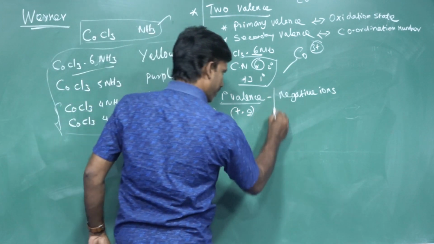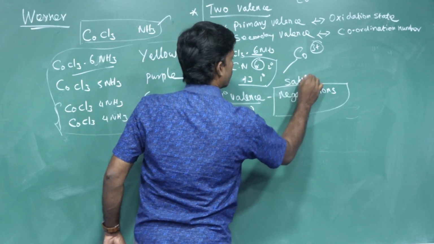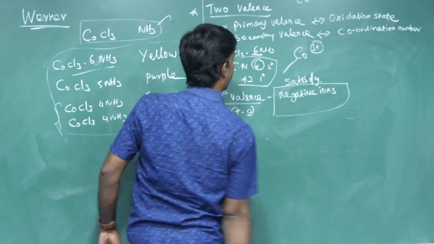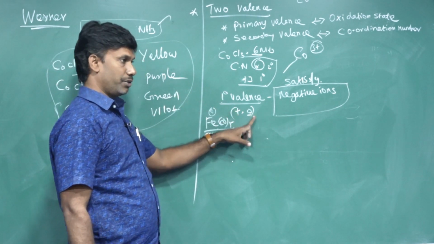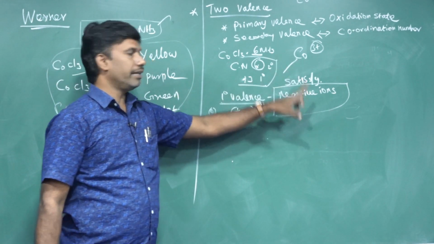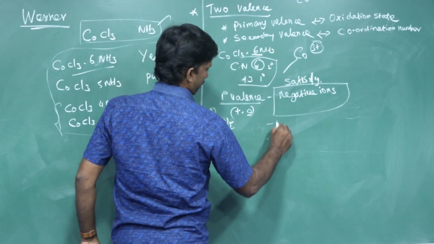Few cases the primary valency may be 0, but it is otherwise positive. Being positive or 0, it is satisfied only by the negative ions. They are non-directional.